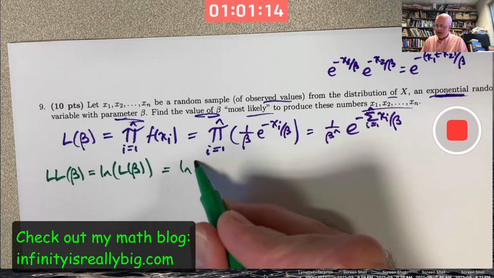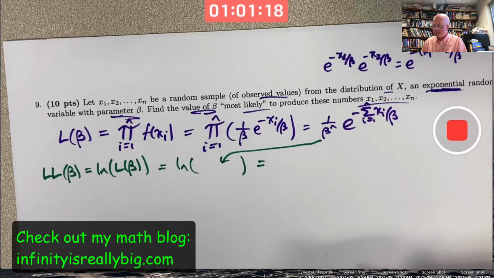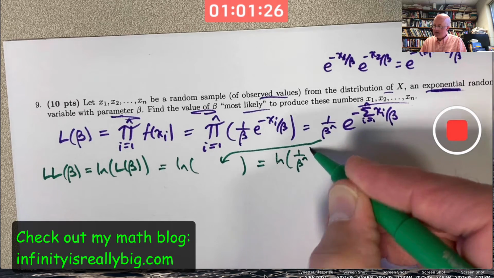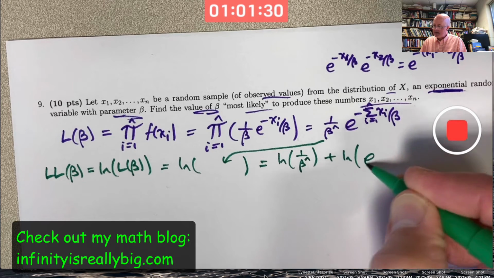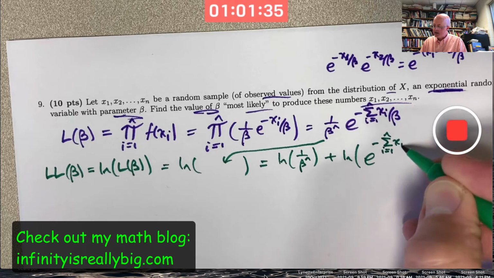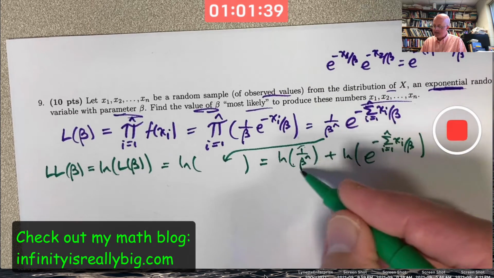You need to take the ln of all that, and that's actually easier than it sounds, or easier than it looks, using properties of logarithms. It's the ln of 1 over beta to the n plus the ln of e to the negative sum of the xi's over beta. And that simplifies quite a bit. This is the same as beta to the negative n.